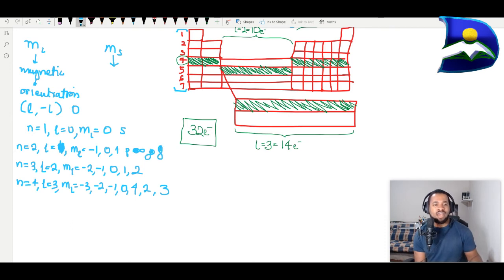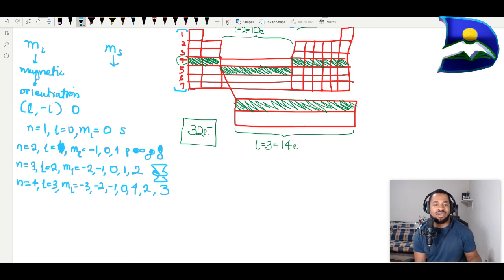And then the next one here, which is ML equal to -2, -1, 0, 1, and 2, we have 5 suborbitals, and those actually are oriented differently within three-dimensional space. And one of them that I know looks really fascinating is the one with the ring that looks like Saturn, but not really.